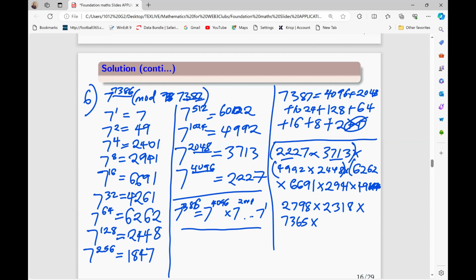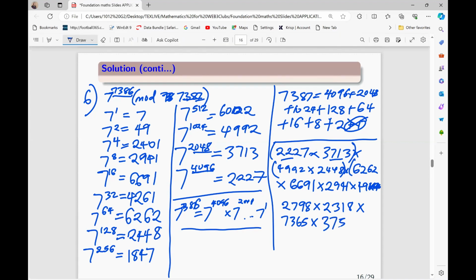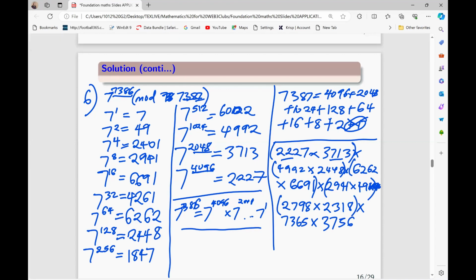So the last part is going to be 3756. Yes. Now we are going to take this part, we do it mod 7387, and then this part together, the second part. 2798 times 2318 mod 7387.